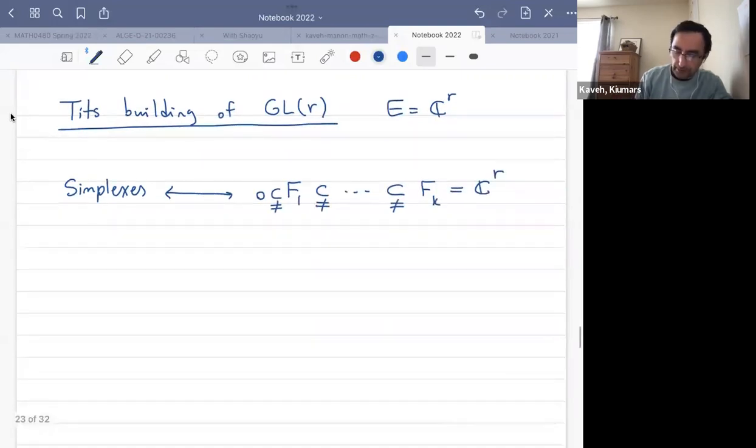Each flag gives you a simplex, and the corresponding parabolic subgroup is the stabilizer of the flag.